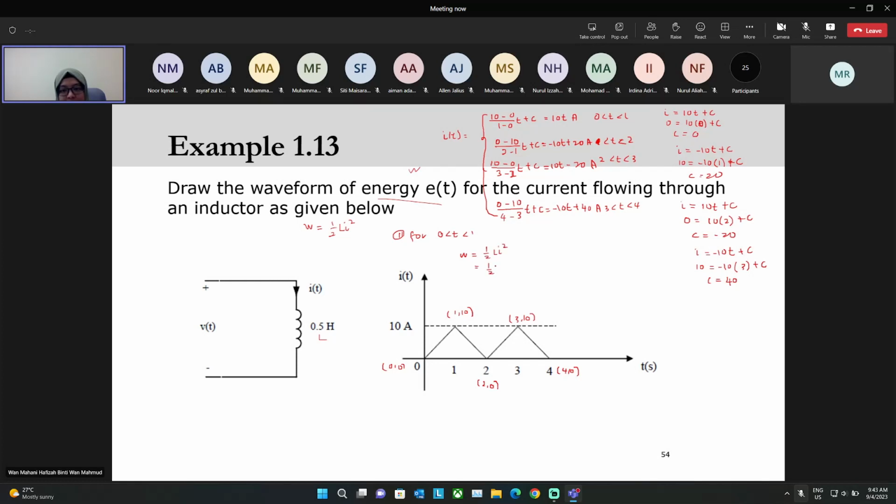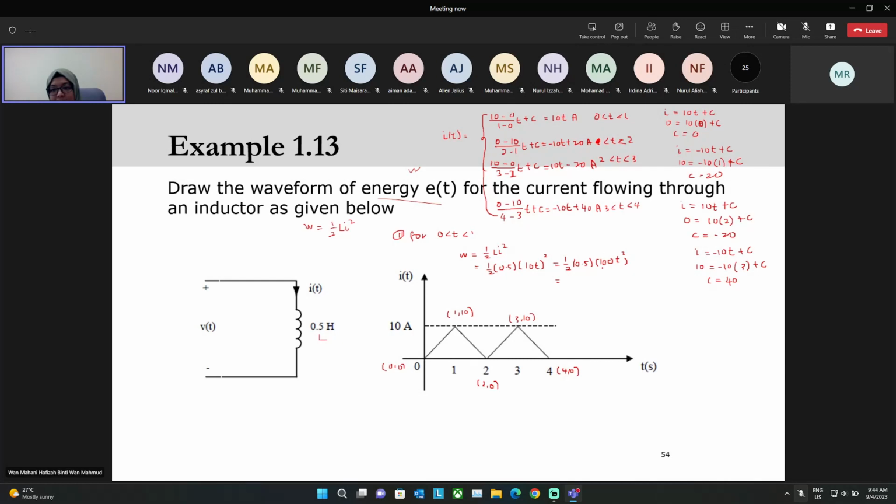So 1/2, L dia 0.5, I dia untuk the first one is 10T. Okay. So 0.5 darab 10 is what? Oh, lupa. 10T kuasa 2 ni mana? 1/2, 0.5, 100 T square.